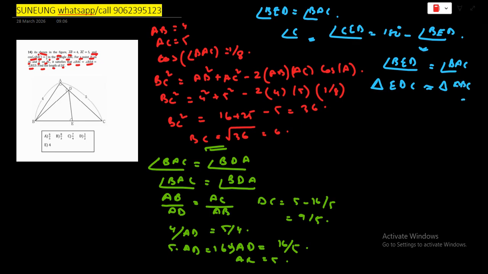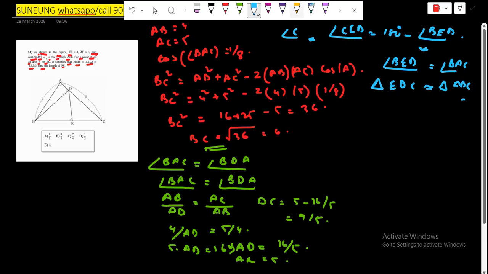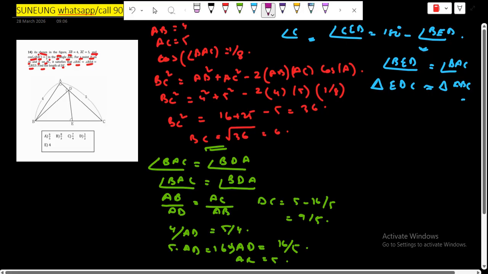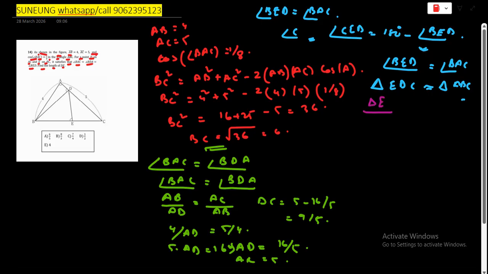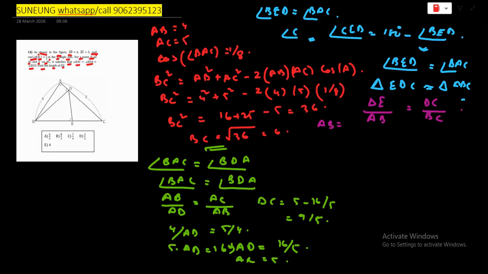But what's the orientation? It's flipped, so the ratio of corresponding sides must be equal, right? So now we can say that DE by AB will be equal to DC by BC. And we know that AB is 4 and BC is 6, and we just found that DC is 9 by 5.